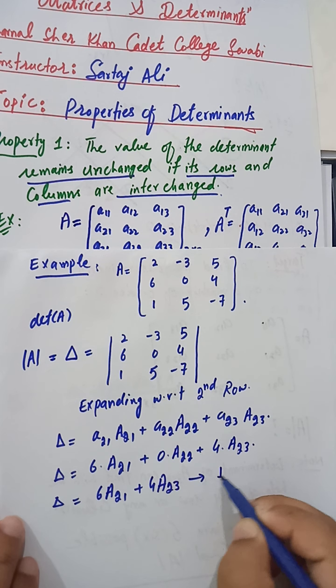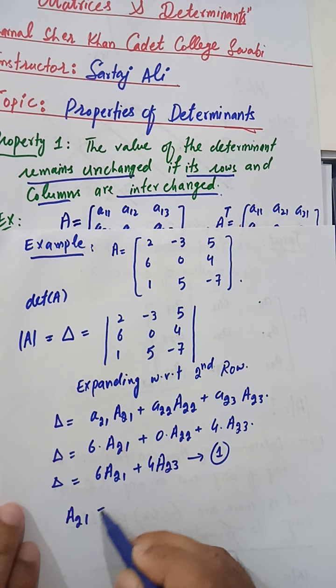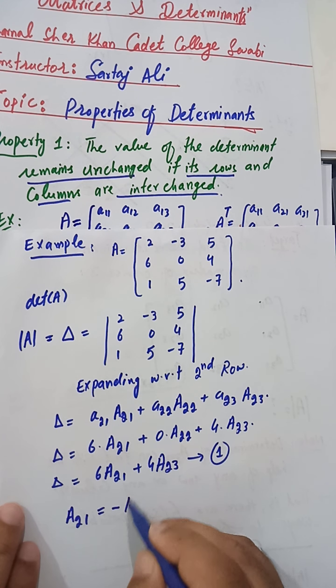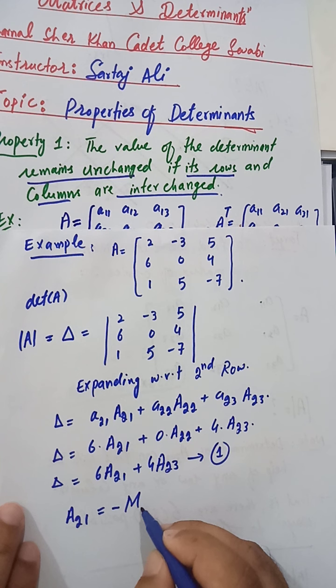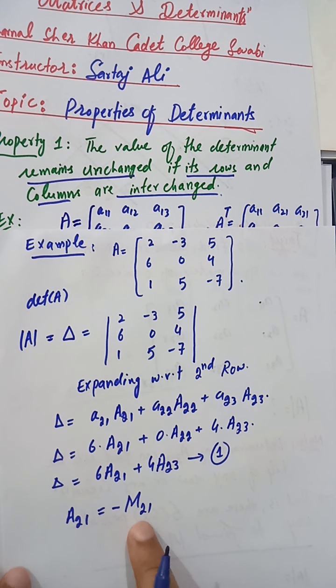For this determinant you need to find the cofactor A21. Cofactor A21 is equal to minus 1 to the power 2 plus 1, which is minus 1 to the power 3, that is equal to minus 1, times minor M21.